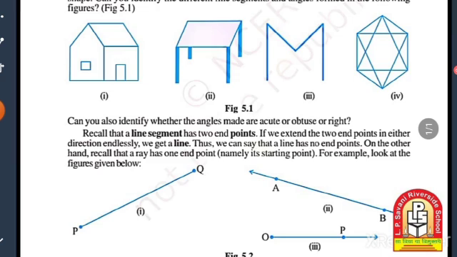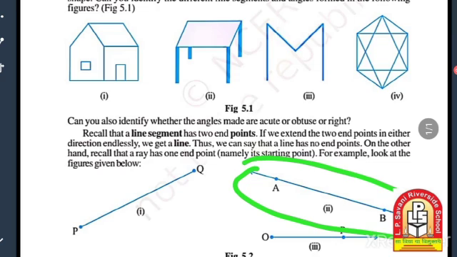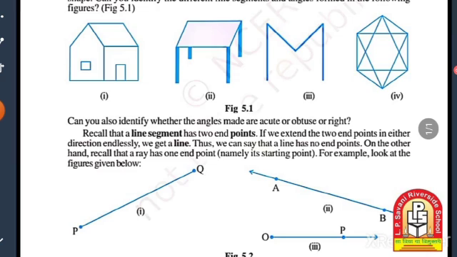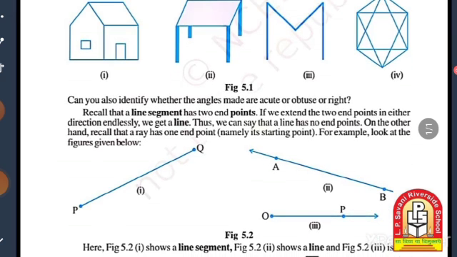But here you can see the line has endless direction. The two arrows suggest that it extends up to infinity. So we can say that the line has no end.